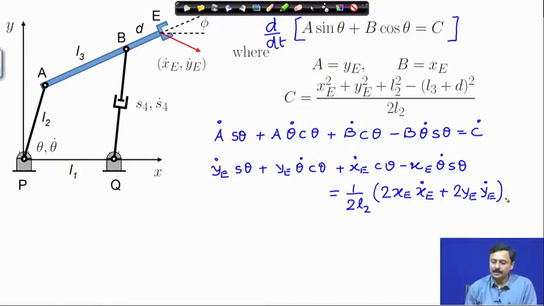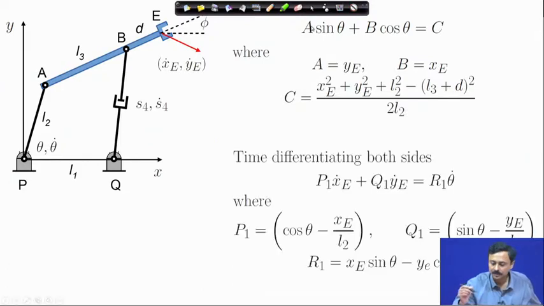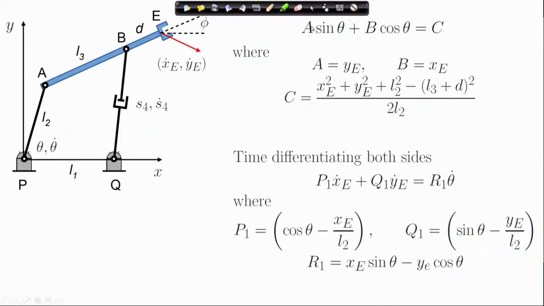Now I can collect terms of xe dot, ye dot and theta dot, and write in a simplified form, which I will show you directly.